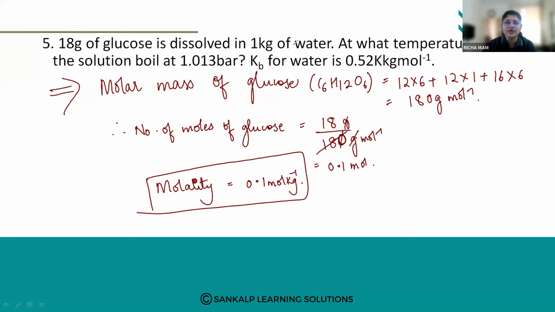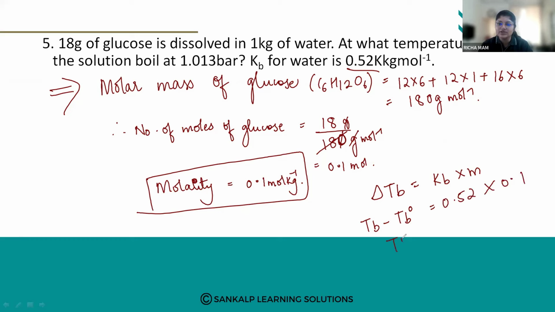Now we have to calculate the change in temperature. It is given as delta TB. As you know, delta TB is equal to Kb into m. So we have this formula. How can the change in temperature be calculated? TB minus TB naught is equal to Kb, which is given as 0.52, and molality is 0.1.